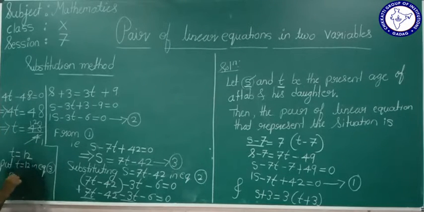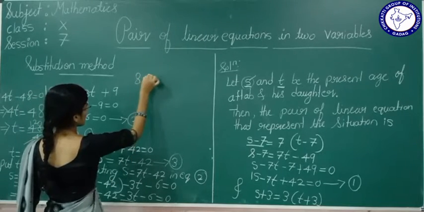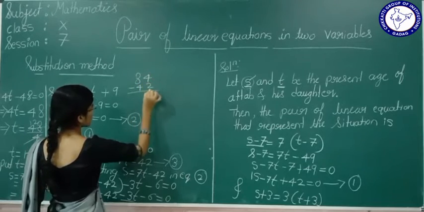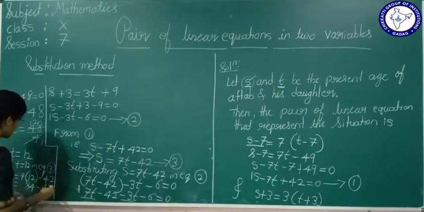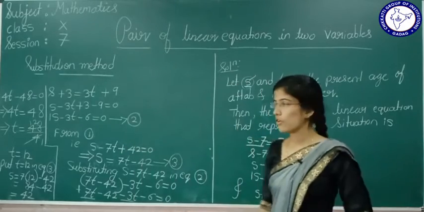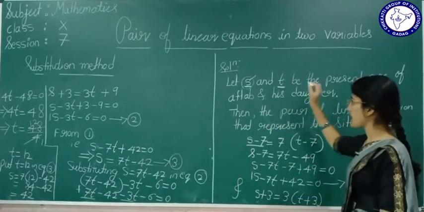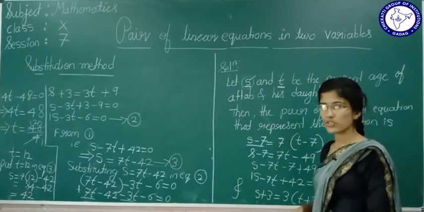See here, S is equal to 7 times 12 minus 42. 12 sevens are 84, 84 minus 42. Say what is 84 minus 42, students? 4 minus 2 is 2, 8 minus 4 is 4. It is 42. So therefore what we can tell? Therefore the present age of Aftab is 42 years and his daughter's age is 12 years.